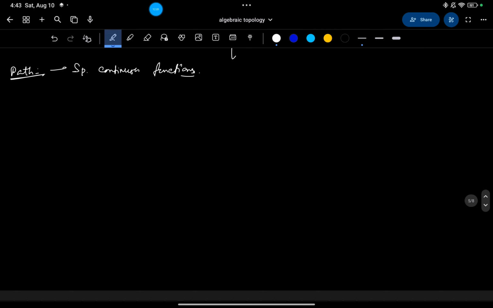For example, suppose we have gamma 1 and gamma 2, these two are paths from I to x.